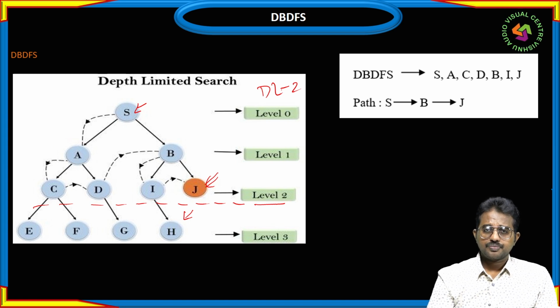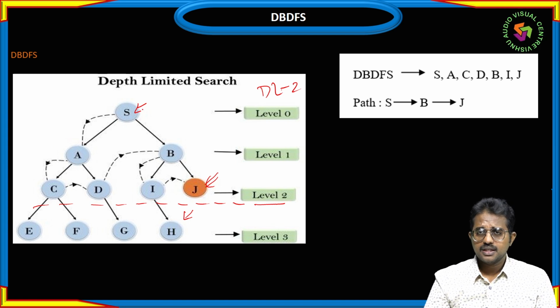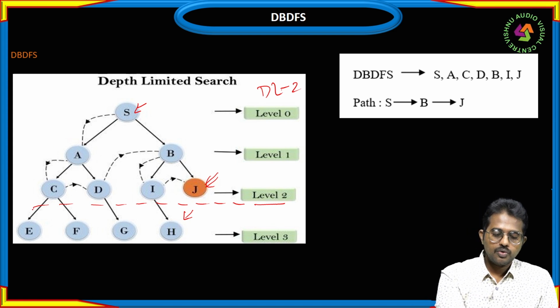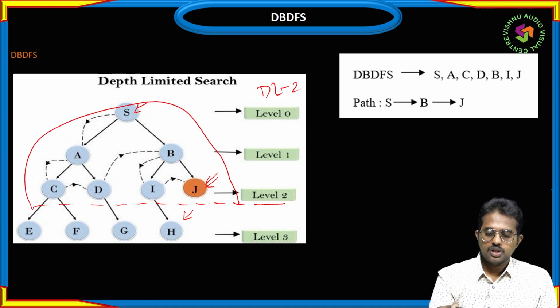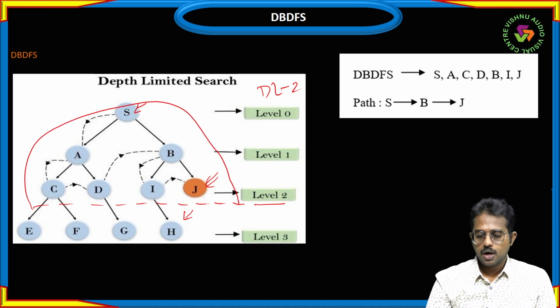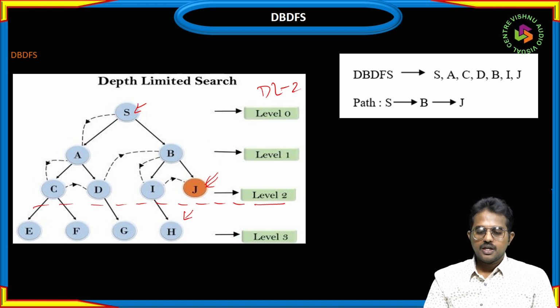First I will start from S, and S is going to be checked. We will just apply DFS on this graph. First we pick the S node, and it will be checked for the goal node.